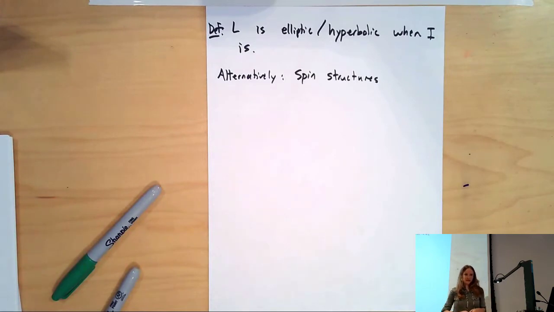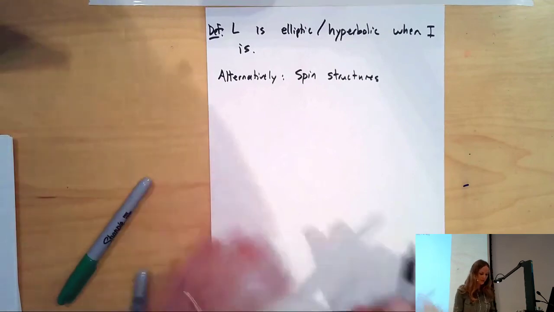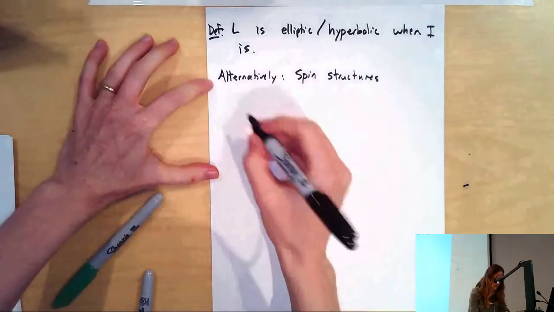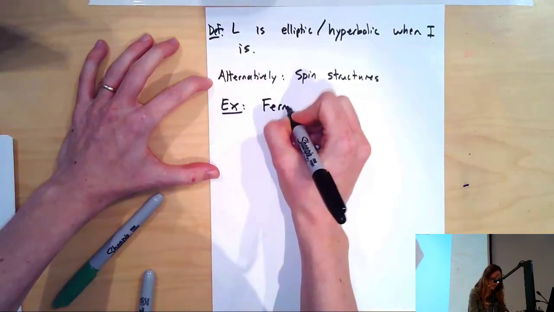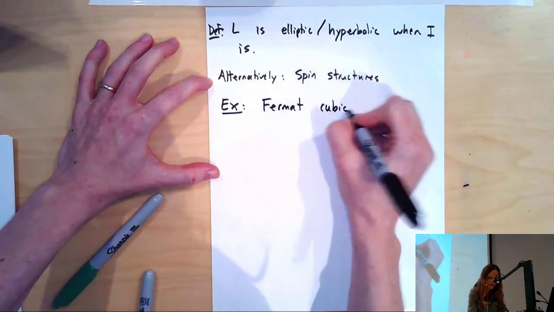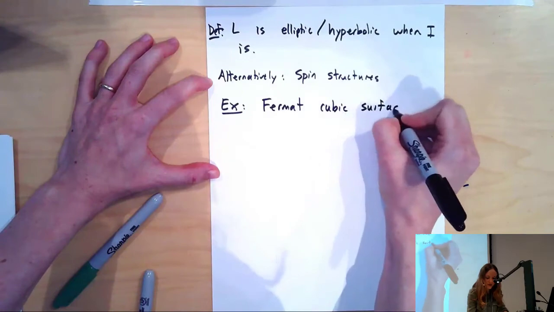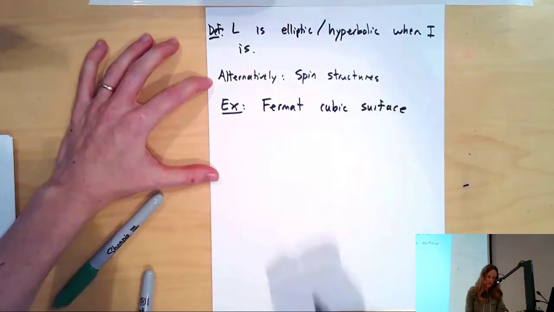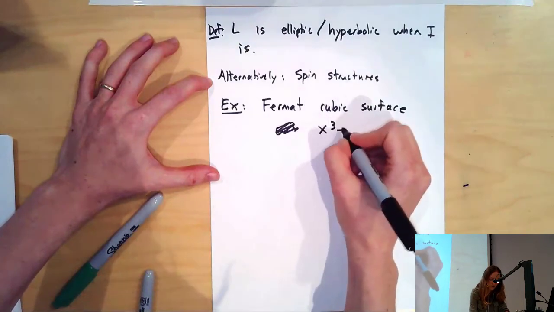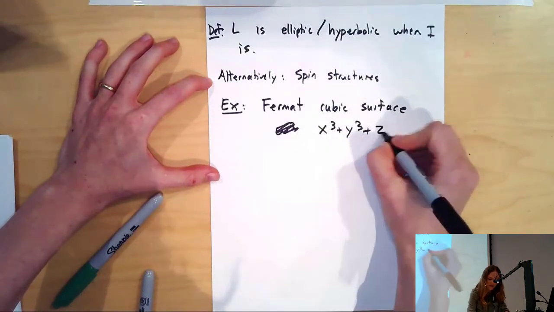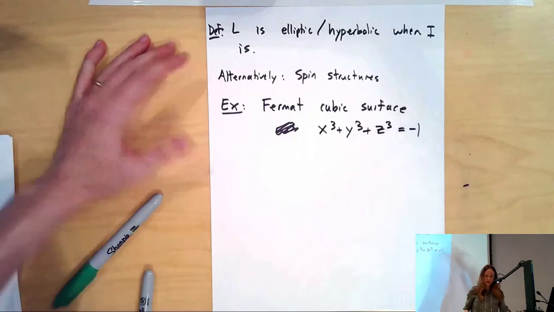So let's do an exercise. Here's an example. We'll look at the Fermat cubic surface. There's a better picture in the notes. Let's do it like this: x cubed plus y cubed plus z cubed equals -1.